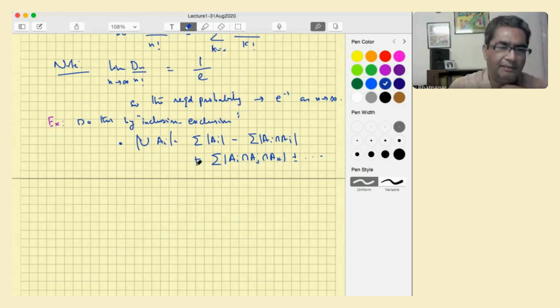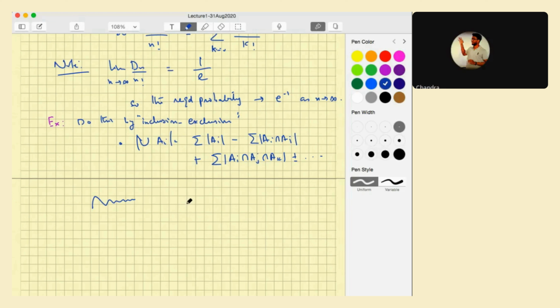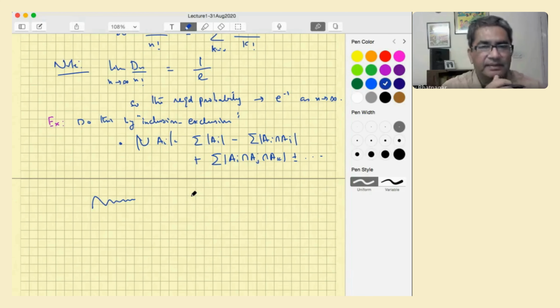I understand the math of it, but how do I explain that if I have 5 balls instead of 4 balls, then the derangement is more probable, and then I have 6, then it's again less probable?